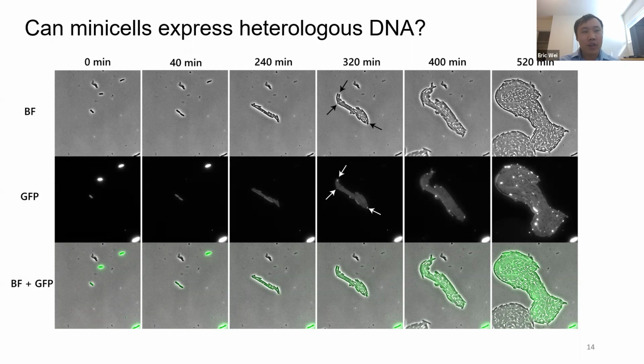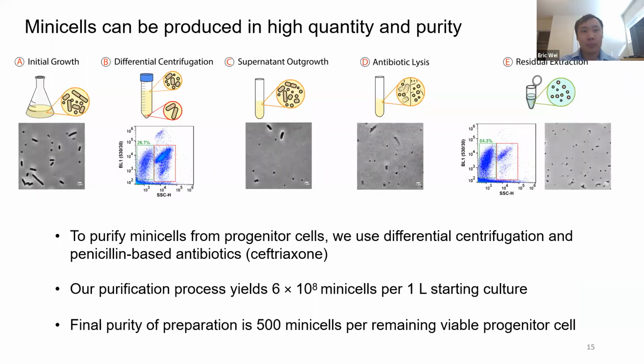So we need better ways to characterize, measure, and manipulate these mini cells on individual scales. We want to be able to purify and produce them in high quantity and high purity. To do that, we employ established protocols that have traditionally been used to purify mini cells.